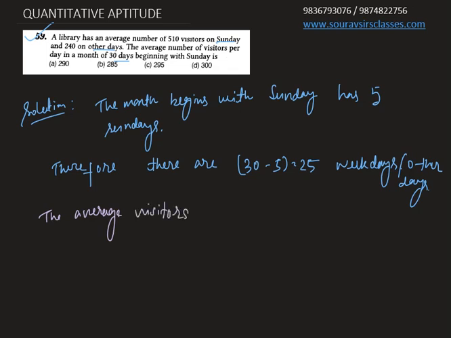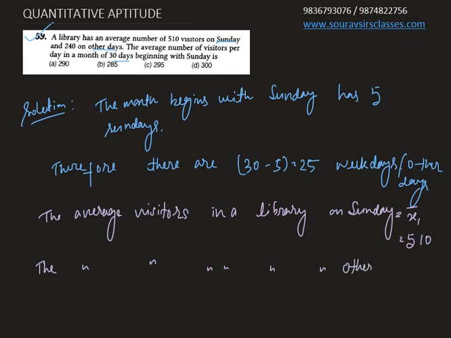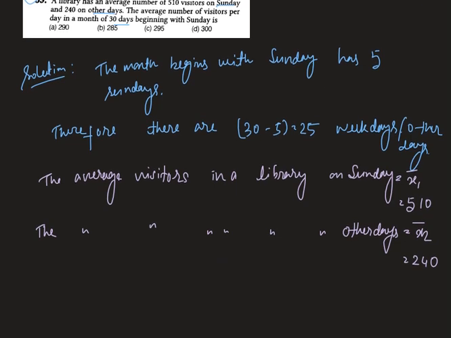Suppose we denote it as x1 bar, and it is equal to 510, and the average visitors in a library on other days, suppose we denote it as x2 bar, and it is equal to 240.